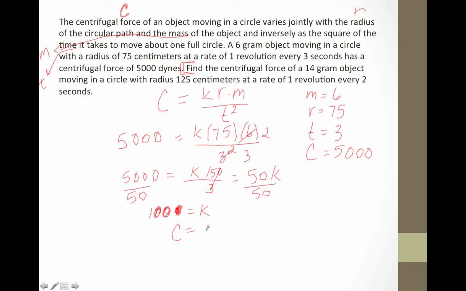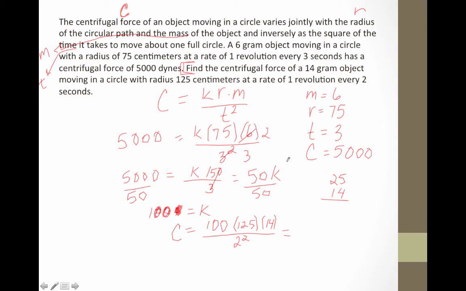Anyway, 100 equals K. So now the question is, what is the centrifugal force? So C equals of a 14-gram object, and we know this is 100, times radius, which is 125, times mass, which is 14, divided by time squared, and this does 1 revolution every 2 seconds, so that's 2 squared. So this is 100 over 4 is 25. 25 times 14. Gosh, I don't even necessarily want to do this without a calculator. That's okay though. So 25 times 125 times 14.